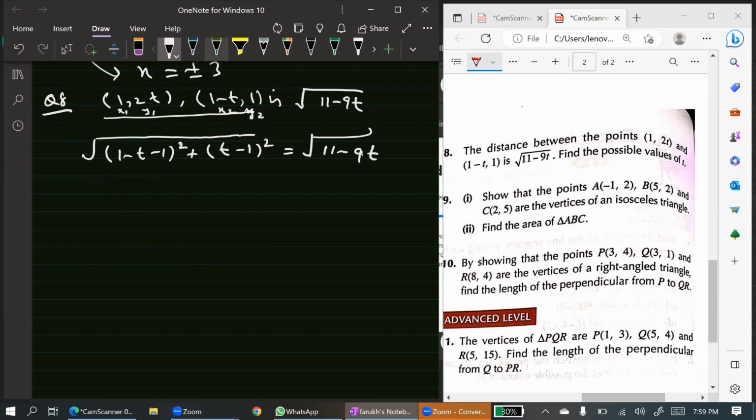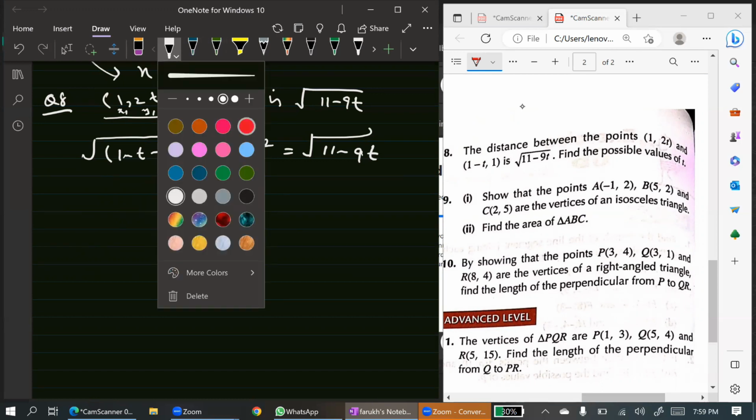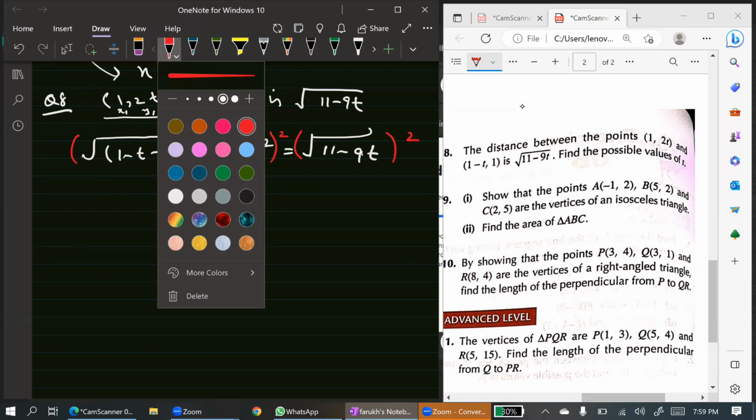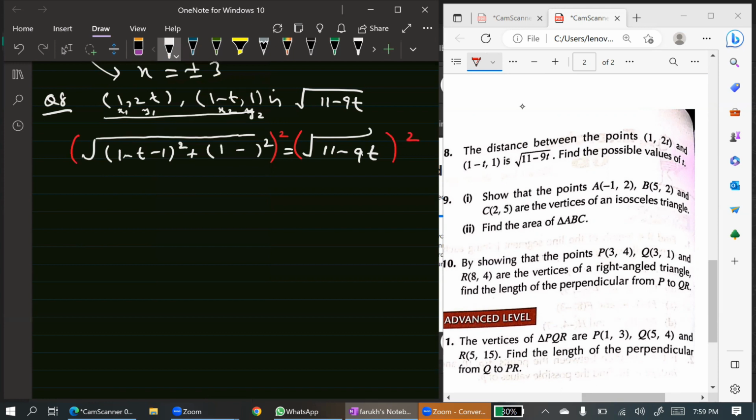By taking square on both sides. So won't this be x? This is y2 minus y1, right? So 1 minus 1, 1 minus minus, you are 2t, right? We will cancel out this square root with the square.